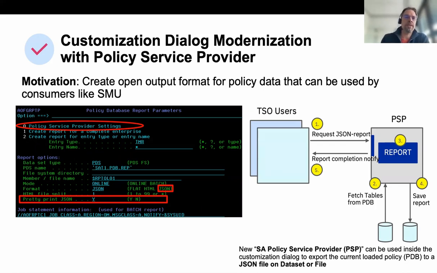You can store that JSON report in files or in data sets, and for instance, Service Management Unite can read these reports to create graphical views, or you can load it into JSON editors or whatever you want to do as post-processing of these reports.